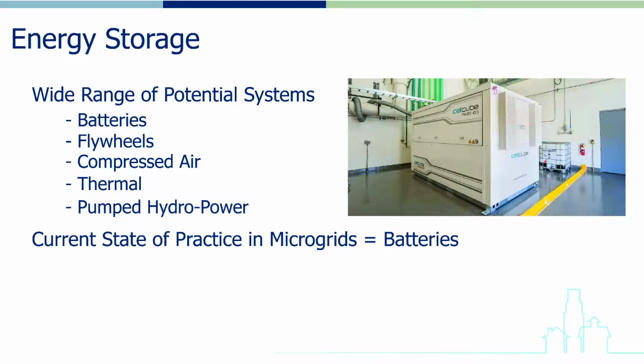Currently, a wide array of technologies and systems exist to store energy for a wide range of applications, including a large selection of batteries and battery technologies, flywheels that harness rotational energy to store and then redeploy electrical energy, compressed air energy storage, thermal systems that capture and store heat or cold for later use, and pumped water systems that use pumps to elevate water during off-peak times and release it to generate power during peak times. Current state of practice primarily uses batteries as the energy storage medium for microgrids.